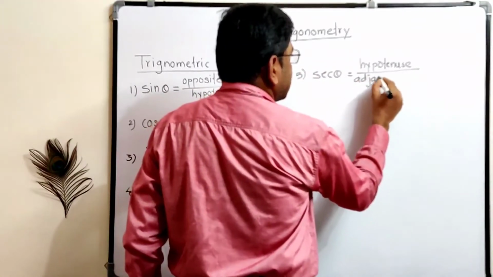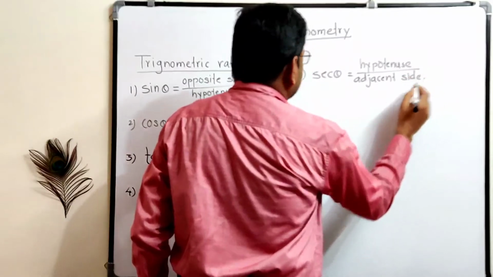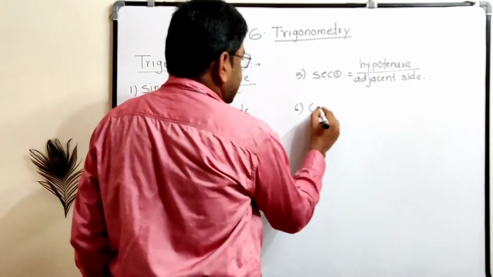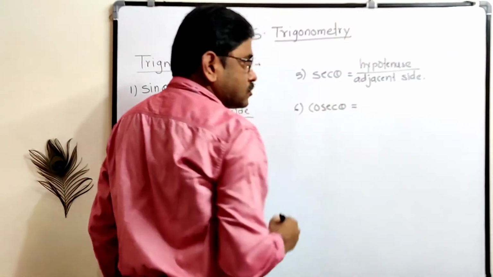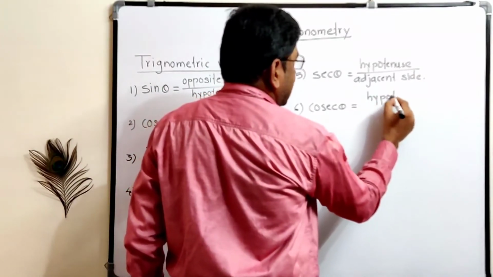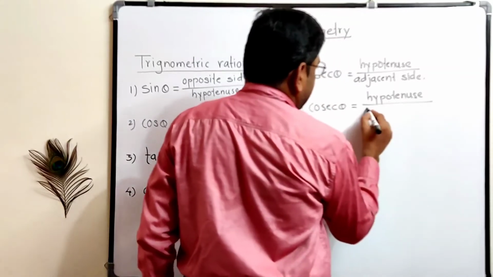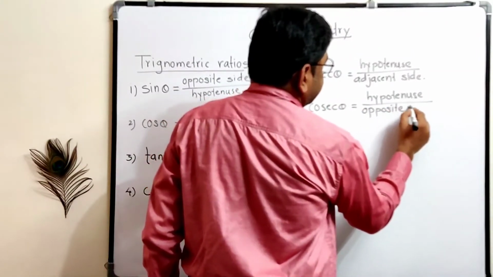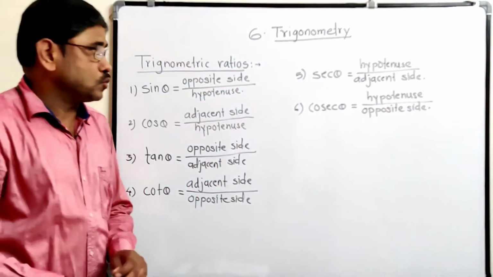This ratio plays a very important role. The sixth one, the last ratio, is cosec. Cosec theta is hypotenuse divided by opposite side, the reciprocal of sine. Now these are the 6 basic ratios.